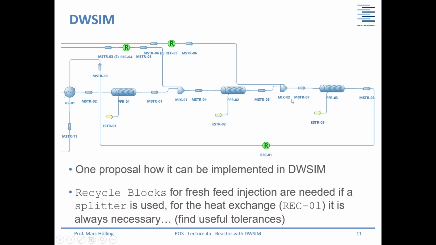I made a screenshot of my simulation, so I was a little bit lazy. I didn't find fancy names for the material streams, so it's a little bit confusing, but it should look like this. So you start here with the heat exchanger. Here you are coming with the fresh feed.